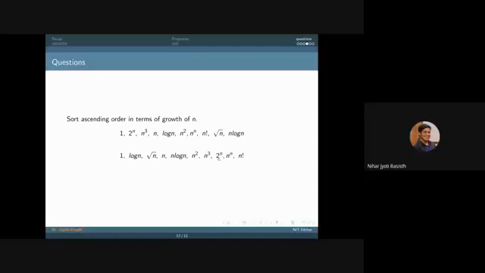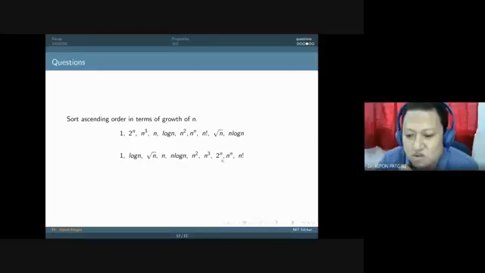Sir, n factorial should be faster than n to the power n, because in n factorial we are covering the numbers n and numbers less than n, whereas in n to the power n all the n numbers will be n itself. Which one is greater, n to the power n or n factorial?